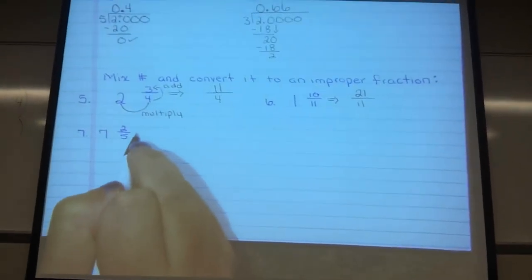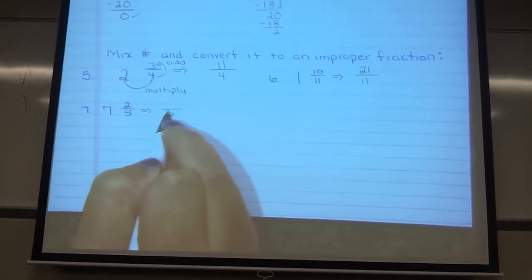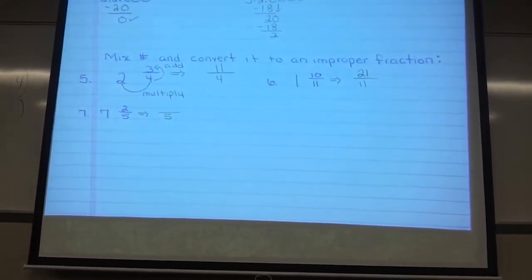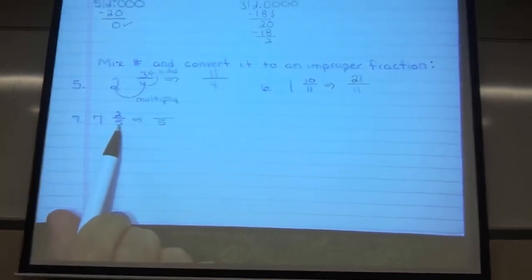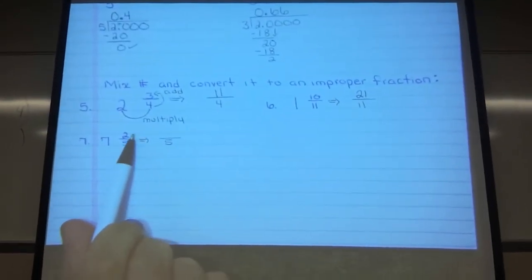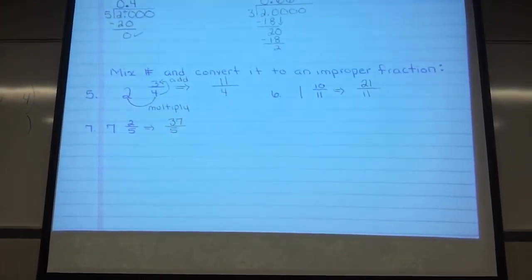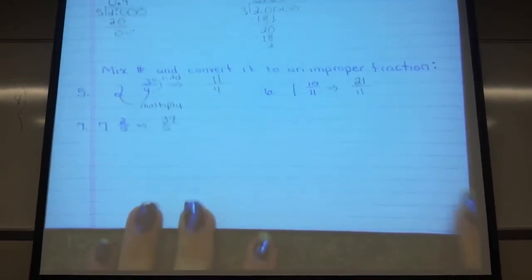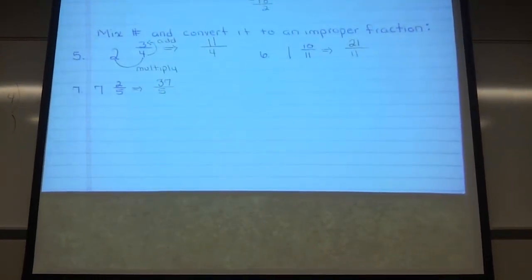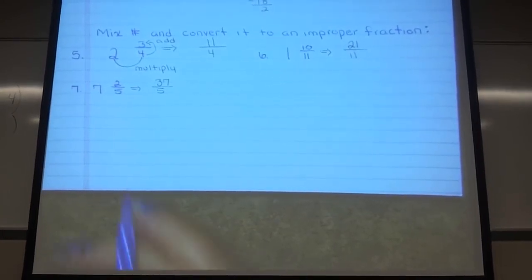Again, you want to keep your denominator the same. And let's see here, we got 7 times 5, that's 35, plus 2, 37. So again, I know these don't require work on your homework, I understand that. I'm not really showing any work either. So don't worry if you don't see anything written down.